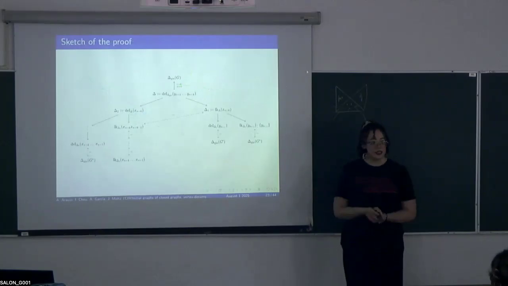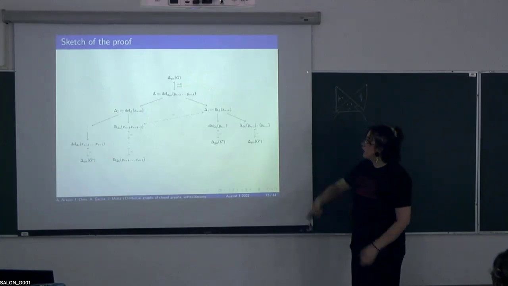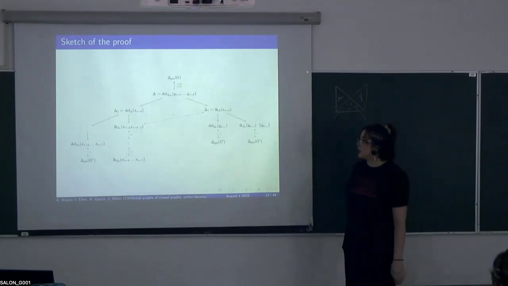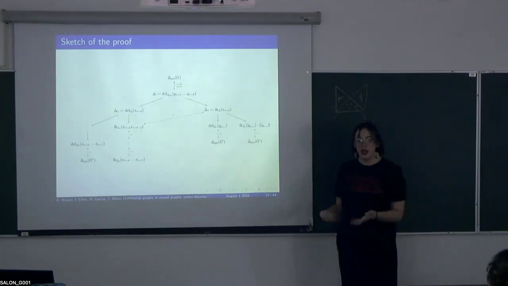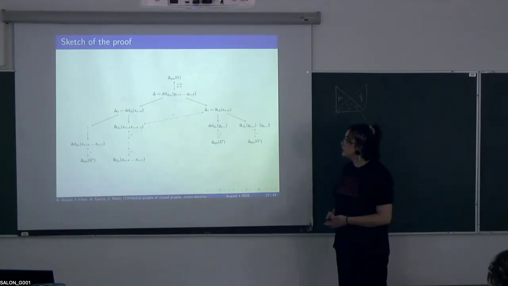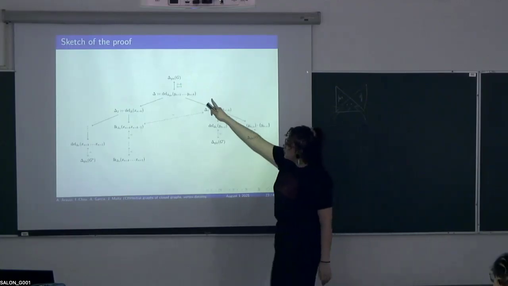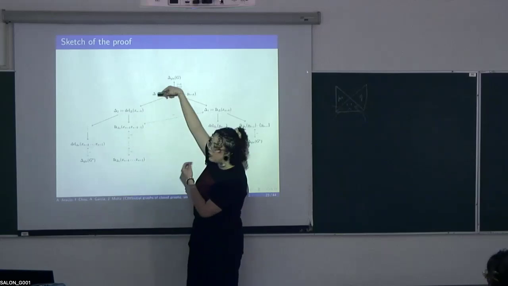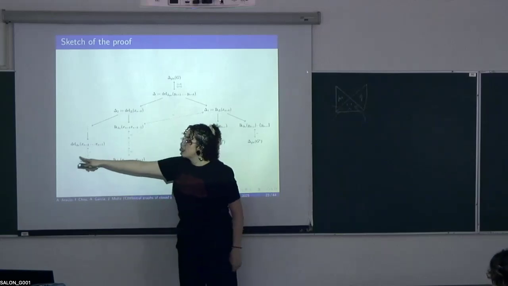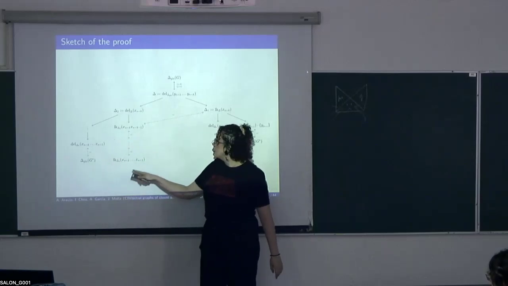This is like a sketch of the proof. We have the original simplicial complex, and like Armando says, it's a recursive definition. So in this part, if we do the deletion of a vertex x, we obtain one of the induction hypotheses.